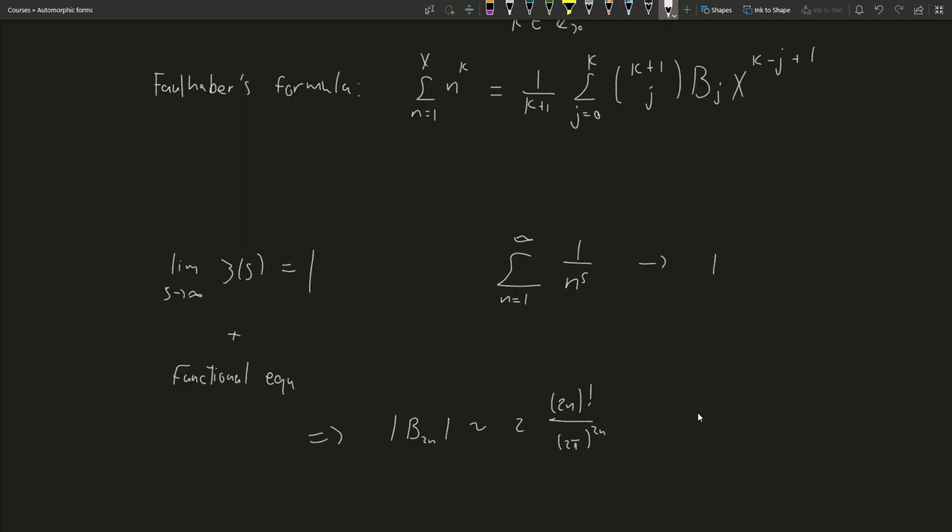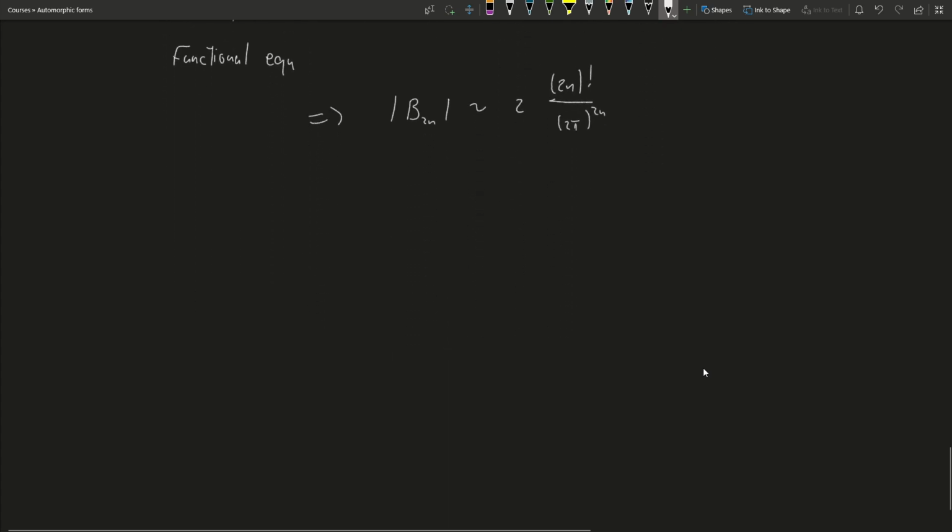So this is misleading. The first few Bernoulli numbers are pretty small. Let me make sure I look them up. Right, so the Bernoulli numbers start, they go, so the odd ones vanish after 1.